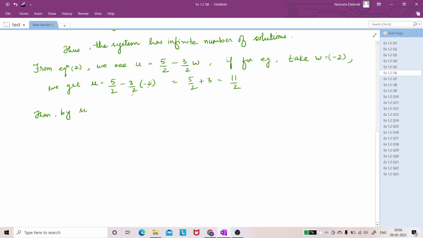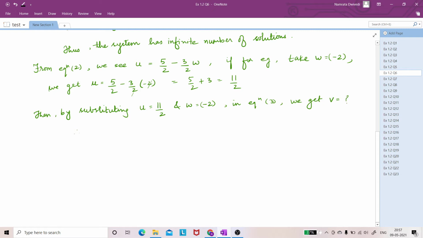Then by substituting u equal to 11 by 2 and w equal to minus 2 in equation 3, what do we get as the value of v?